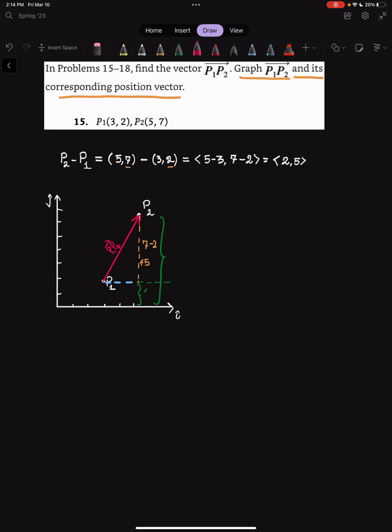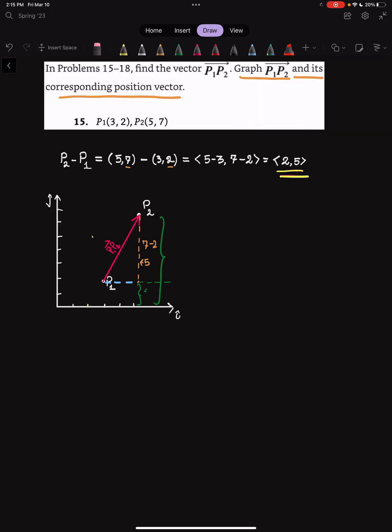So you'd have to imagine taking this vector P1P2 and graphing it again, but now you want to graph it starting from the origin. I think I made a mistake here. We want to get 1, 2, 3, 4, 5 here and here.